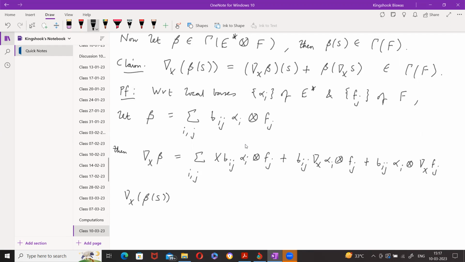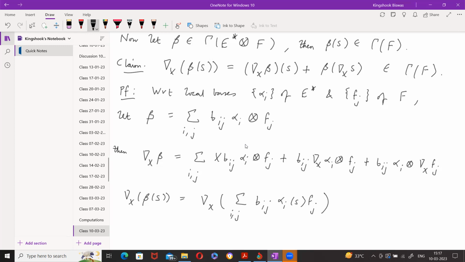So this is going to be nabla X of beta. So what is beta of S? Here the alphas are elements of E star and S is a section of E. So the alphas will act on S, right? So this is going to be the sum over i,j of B_ij, alpha_i of S, and then that into F_j, right?